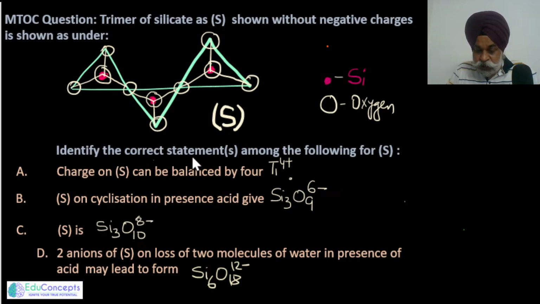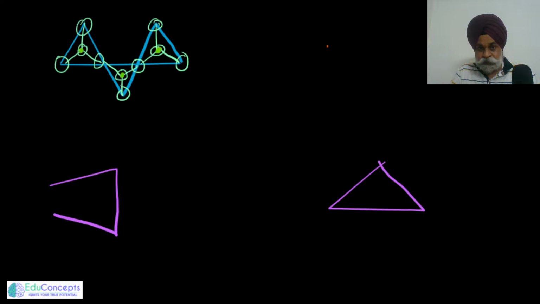Now moving on to the options, first let me draw this structure. So here you have a negative charge, this oxygen also negative. The oxygen which is between the silicon, that is this one and this one, would not be containing any negative charge.